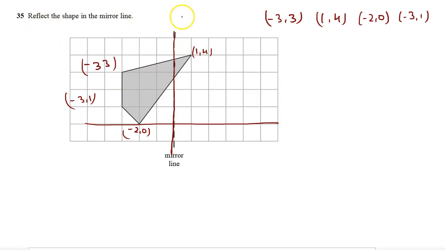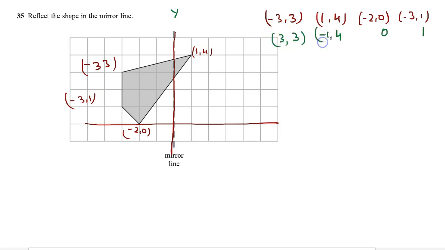There are so many methods to solve this, but when we have a reflection in this mirror, we make it a y-axis and this is x-axis. We are going to write all this y as same. Y coordinate will remain same, 3, 4, 0 and 1, and we'll change the sign of x coordinate.